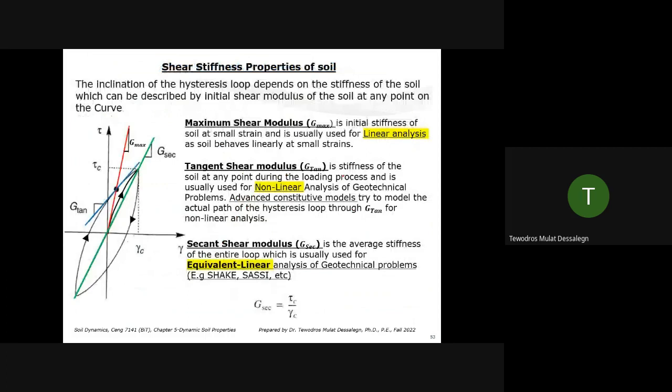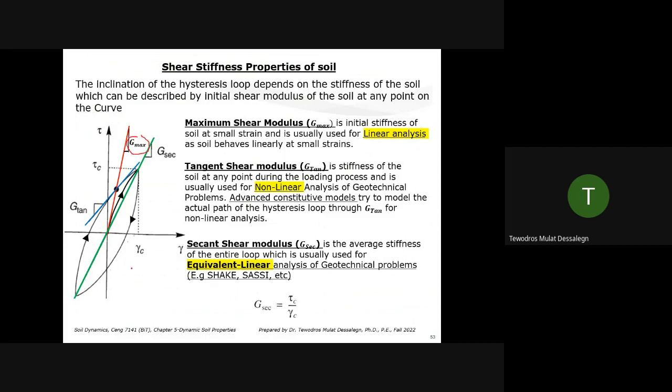So there are different G values that we are interested in geotechnical engineering. If you consider one hysteresis loop, the initial one, we call it Gmax, or the maximum shear modulus. That's the initial one.